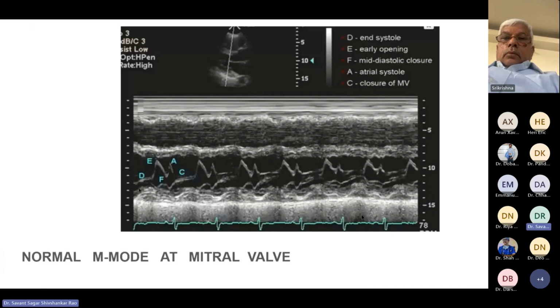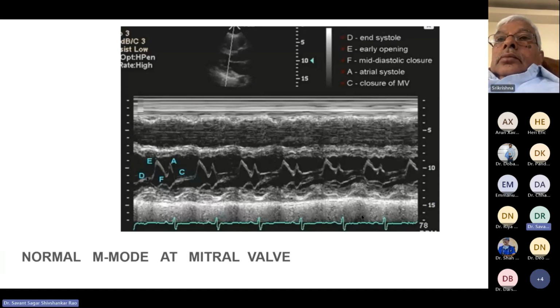This is the M mode at the mitral leaflet level, in which this is the normal view, where we can see the markings on the anterior mitral leaflet, and the posterior part, that is below the F part, where we can see the posterior mitral leaflet movement.